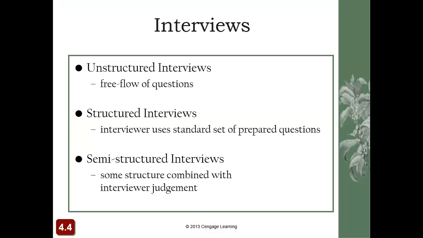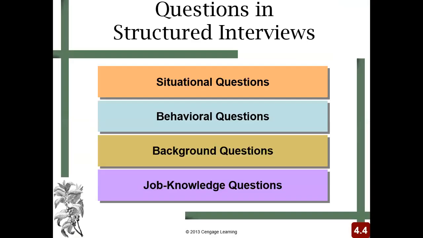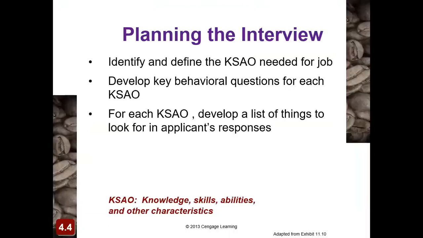You might, in some cases, go through an interview, and there are three different types of interview processes: unstructured, structured, and semi-structured. All that means is that unstructured means that you're just there, they're talking, it's free flowing. Structured means that there are specific steps and procedures that you prepare for, that you go through, and the semi-structured is a combination of both. Usually in a structured interview, you get questions like situational questions, behavioral questions, background questions, job knowledge questions.